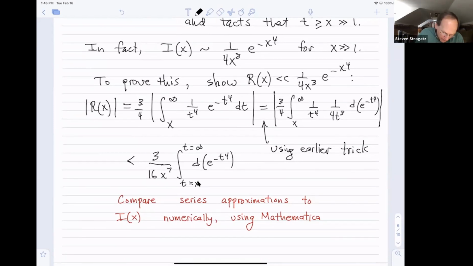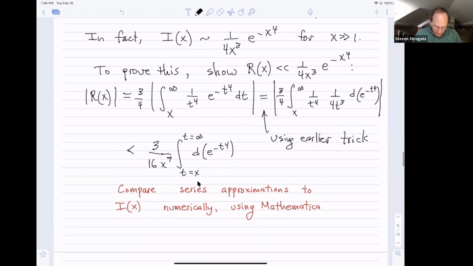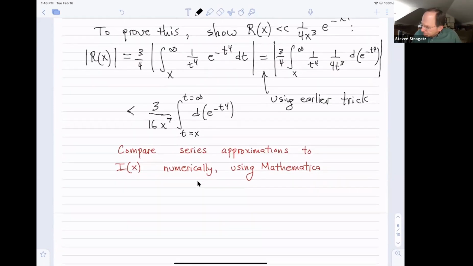And the reason that's legitimate is I'm using the fact that x to the 7th is less than t to the 7th on this domain of integration from x out to infinity.